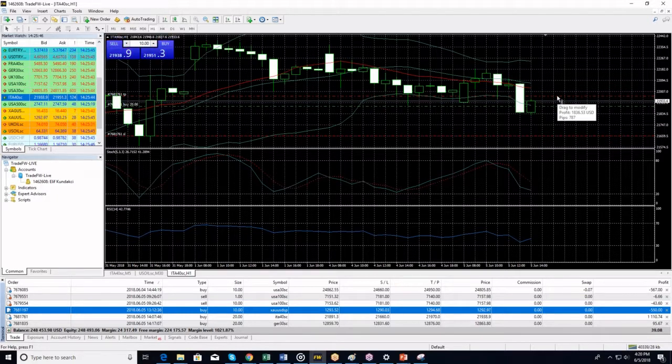What do you say, guys? Just reply what you think. We stick to our take profit, guys, and we will get our 1,800 bucks out of this position. We will get there.